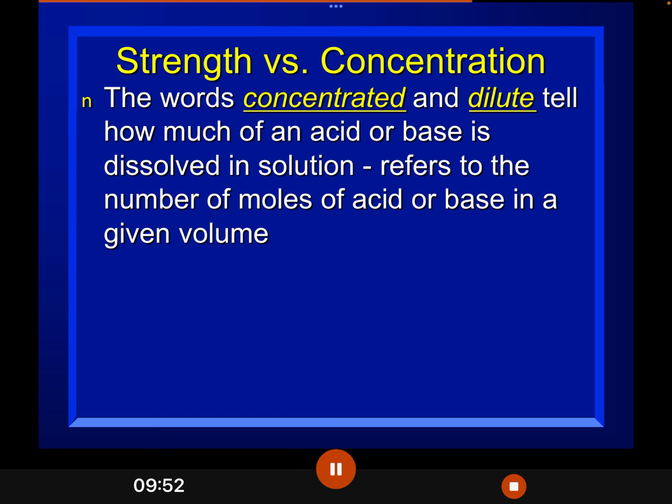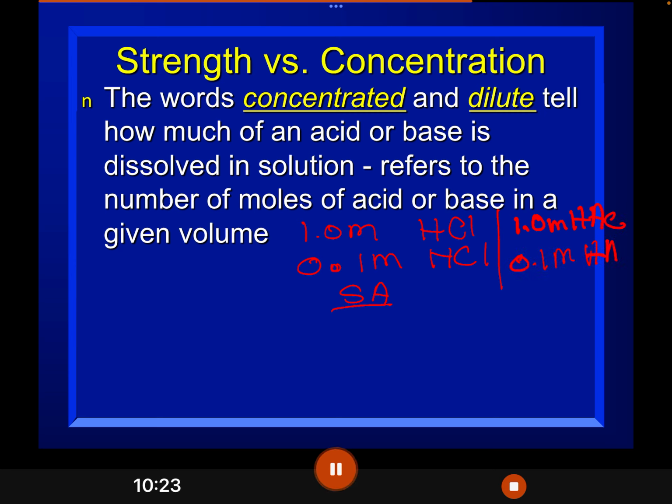Okay, this is where I wanted to get to. Concentrated and dilute. For an example, I might have a concentrated solution that was 1 molar HCl. And a dilute solution would be like 0.1 molar HCl. This would be a strong. They're both strong acid solutions. I might also have 1.0 molar, and I'm going to go like this for acetic acid, or 0.1 molar acetic acid.